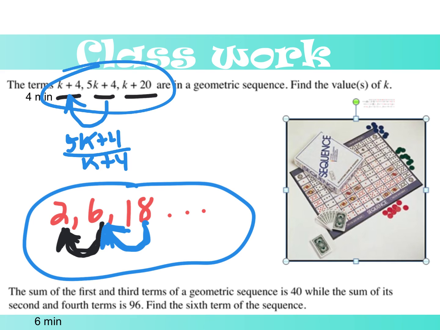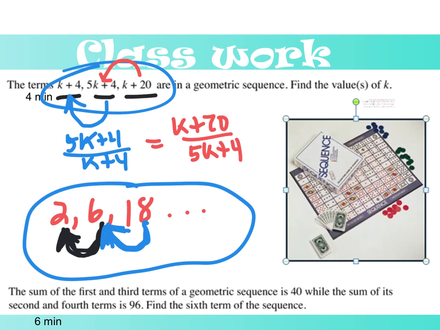It would have to equal that divided by that, K plus 20 divided by 5K plus 4. Do you agree that's just one big equation that has a K in it? So therefore you could solve for K.